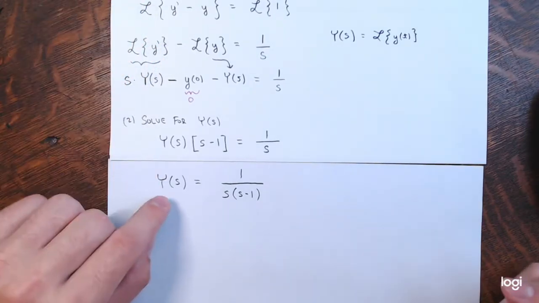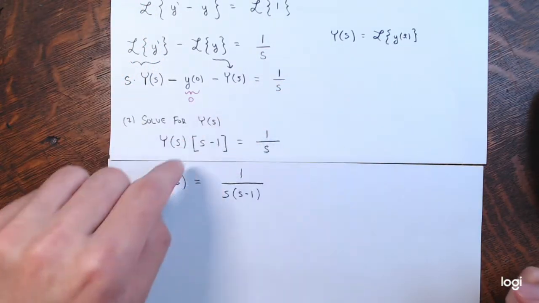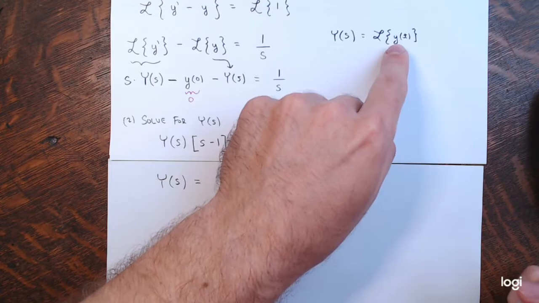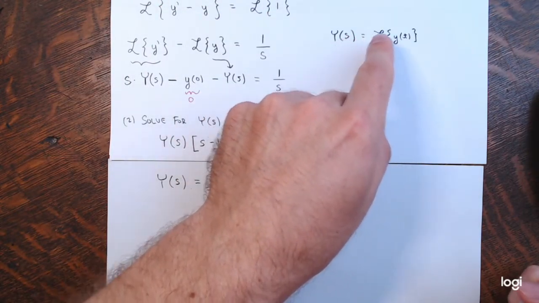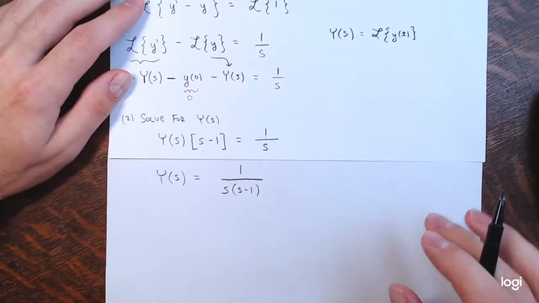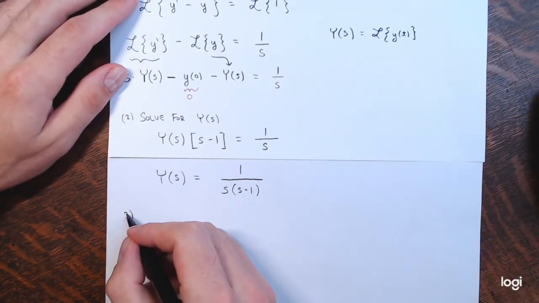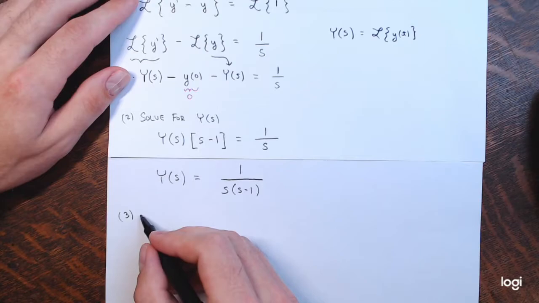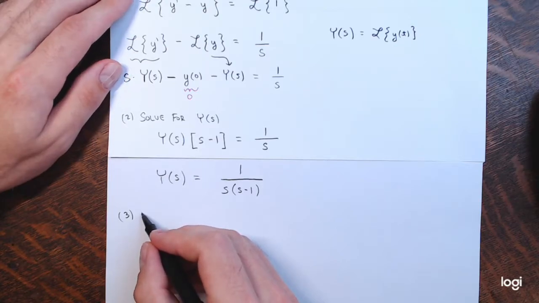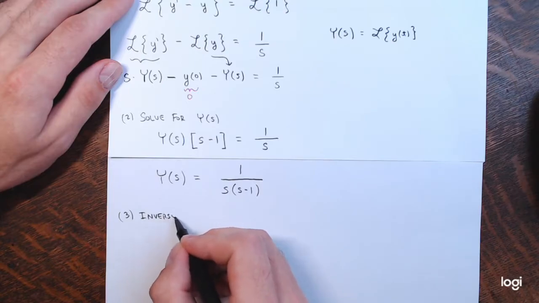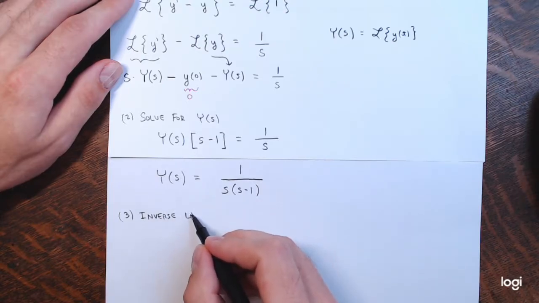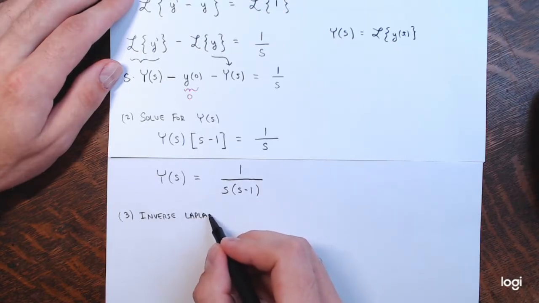And now that I know what the Laplace transform of little y is, I can find little y. I can find the solution to the initial value problem by taking the inverse Laplace transform of both sides. So doing the inverse Laplace transform.